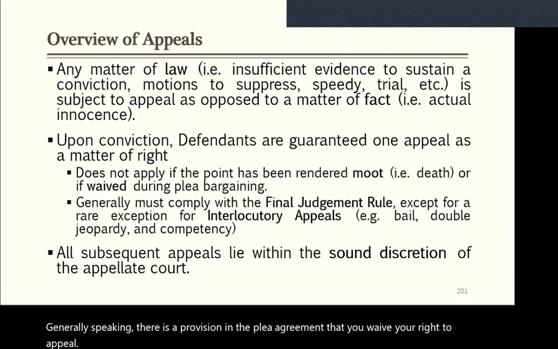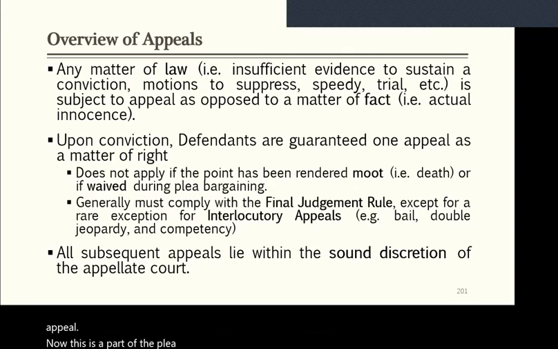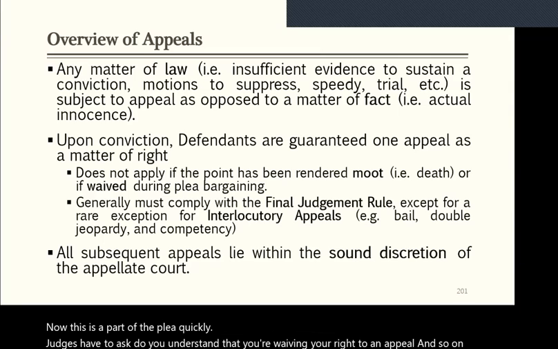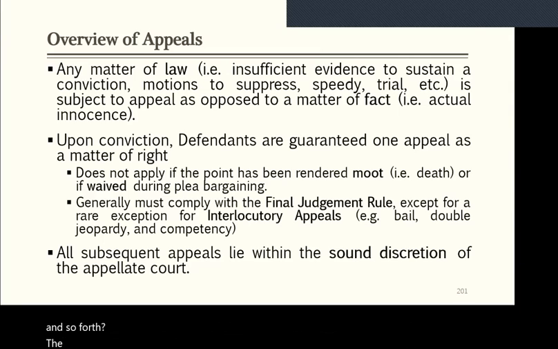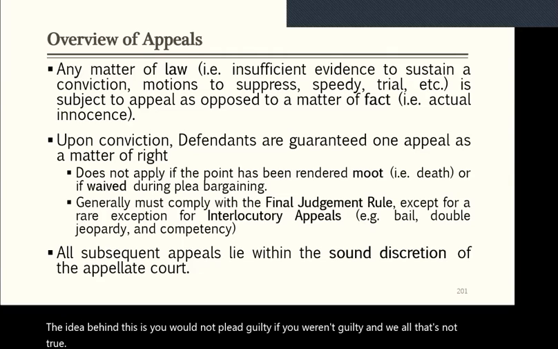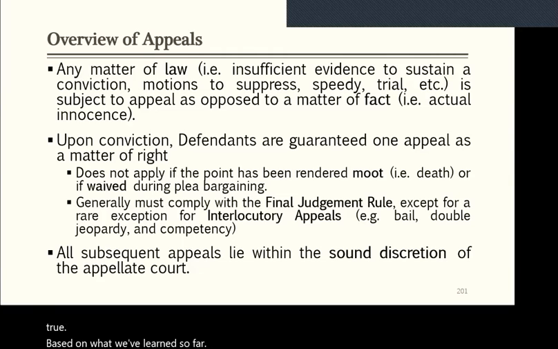This is a part of the plea colloquy. Judges have to ask, you understand that you are waiving your right to an appeal, and so on and so forth. The idea behind this is you would not plead guilty if you weren't guilty. And we all know that's not true based upon what we've learned so far, but that's the central premise of why you get waived.